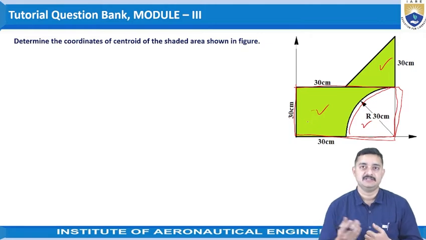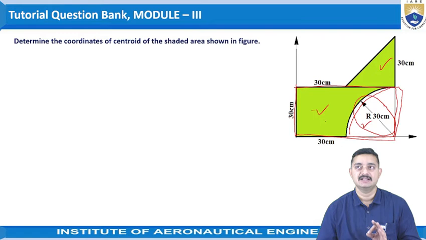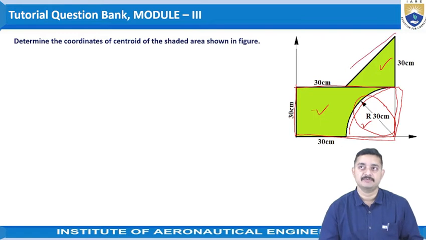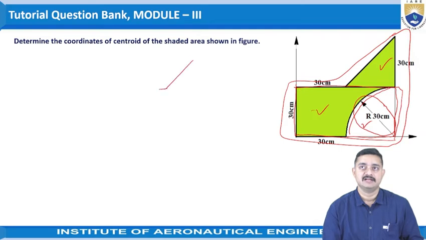So as per the given figure, we can identify the centroid of this figure by the simple logic which we have utilized in the previous problem. That is, we are going to subtract this quadrant's centroid details from this total shape. If you observe that shape, you can understand that the shape is lying here in this fashion.